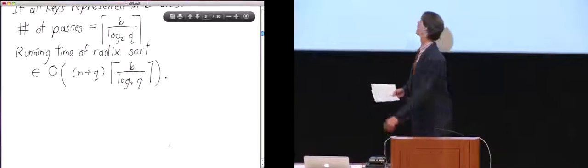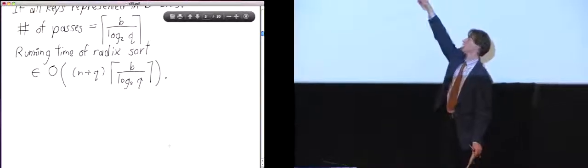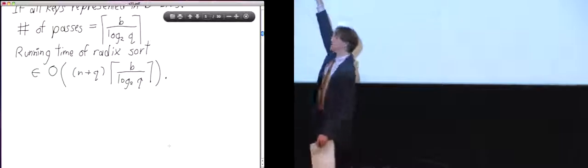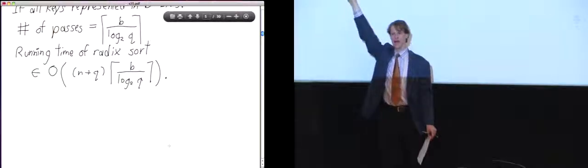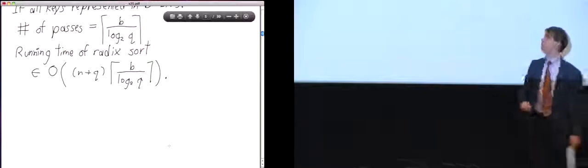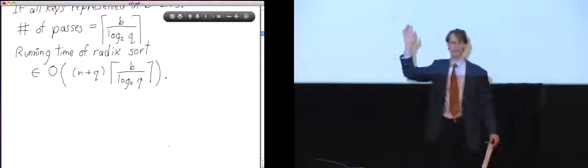All right, so I know that looks a bit yucky, but it's also really interesting for a reason. Q is a number that we get to pick. We decide how many Qs we're going to use. If you pick Q to be big, this expression on the left is big, but the one on the right is small. If you pick Q to be small, then the reverse is true. And so you might ask, should we make Q small so that this part stays small?